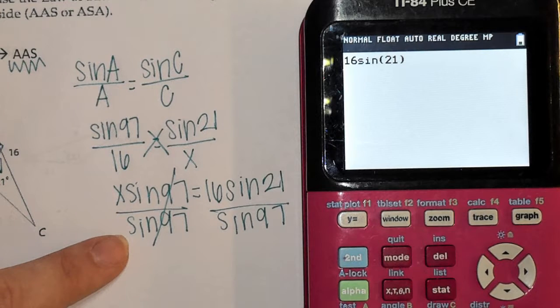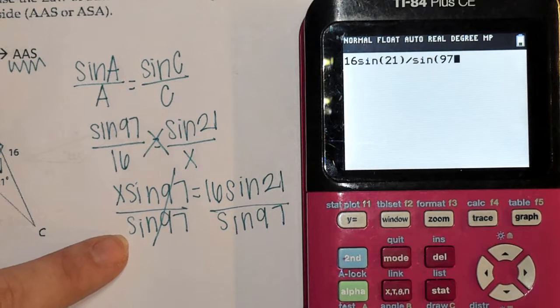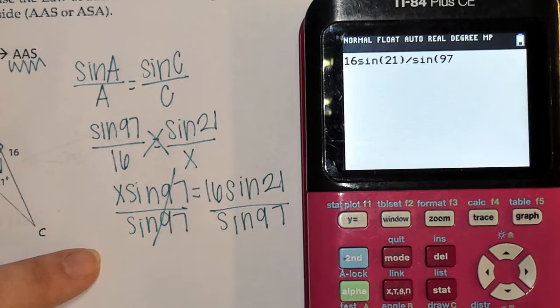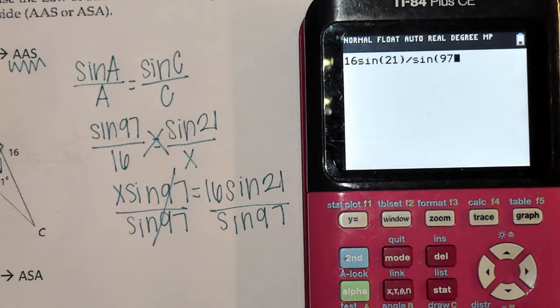Close your parentheses. Divided by sine 97. Everybody plug this in your calculator, just so you get the practice. Do you have to close your parentheses? You don't necessarily have to.